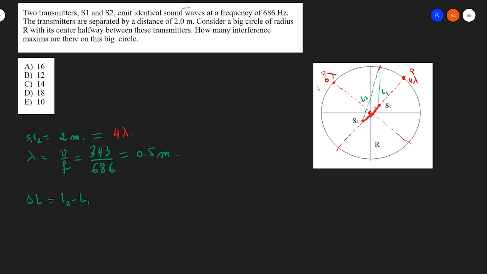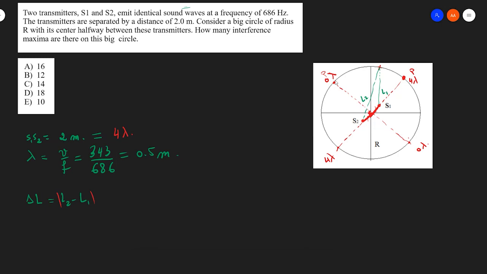The same thing here. If I am at this point, it will be 0 lambda. And when I am here, of course the distance is in absolute value, so the distance between S1 and S2 will again be 4 lambda. So I started with these characteristic points.